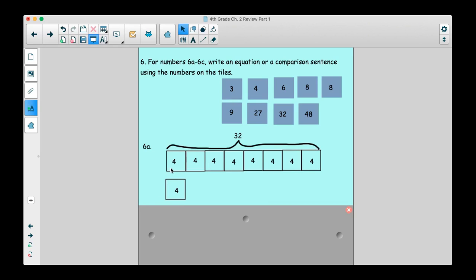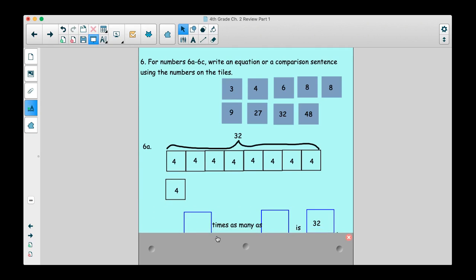So there are 8 times as many of these squares here than there are here. Down here it says blank times as many as blank is blank. So we already know the answer is 32. It's being shown right here. So 8 times as many as 4 is 32.